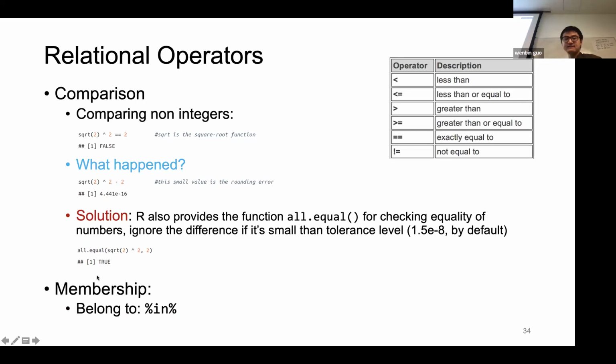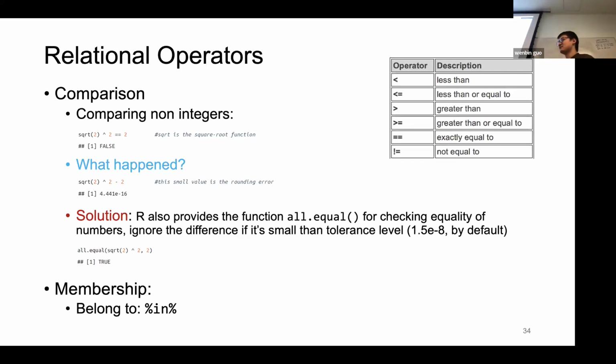Besides the relational operators, there is also a membership operator, for example, belongs to. You can use the percent-in-percent symbol, %in%, meaning A in B. Basically it means A belongs to B, or belongs to the group of B. For example, I'm a single person, and the whole UCLA is a population. So I can use this operator with UCLA.